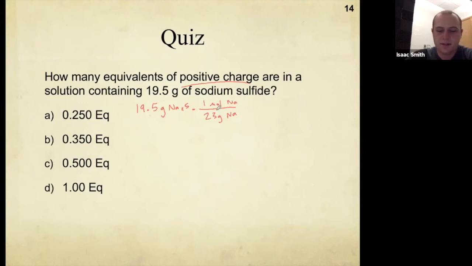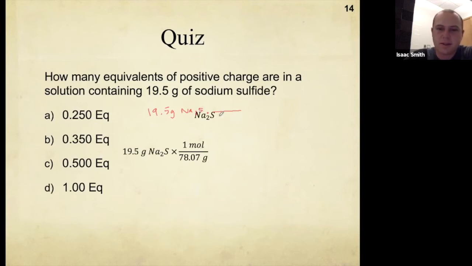Oh, sorry, back up. So first what we need to do, 19.5 grams of sodium sulfide. Now we need to go from grams of sodium sulfide to moles of sodium sulfide. So we take the grams of sodium sulfide. I'm just going to pull up what the molar mass is here.